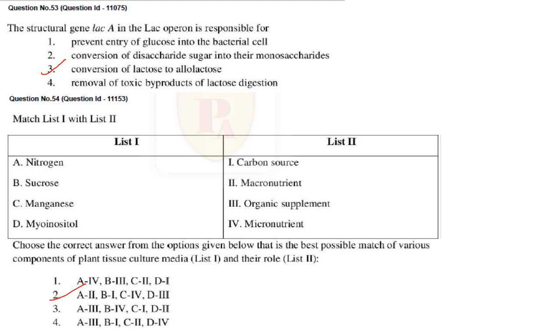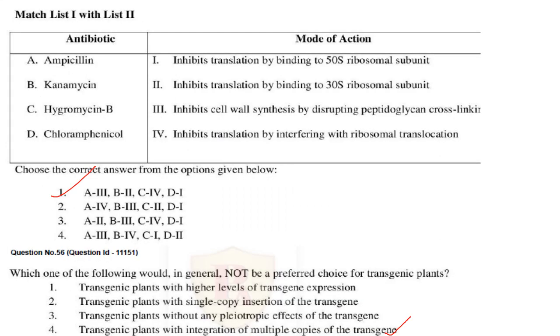So nitrogen is a macronutrient A2, sucrose is a carbon source B1, manganese is a micronutrient C4, myo-inositol is an organic supplement D3. So the answer will be option 2, that is A2, B1, C4, D3. Then next one, match list 1 with list 2.